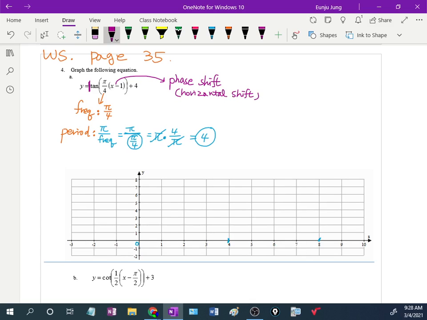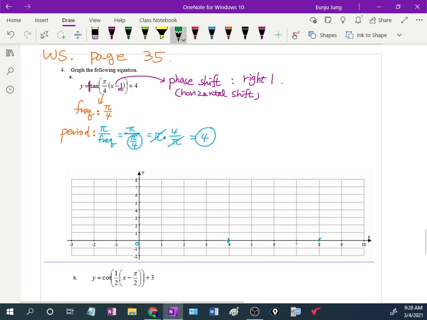Same thing. Is it going to the right or left? +1 is the number we look at because the format itself has a negative in it, okay? So we are using number 1. 1 to the right, that is the phase shift. So instead of graphing from 0 to 4, I need to push it, so it will go from 1 to 5, 5 to 9, like that, okay? The pattern goes like that.